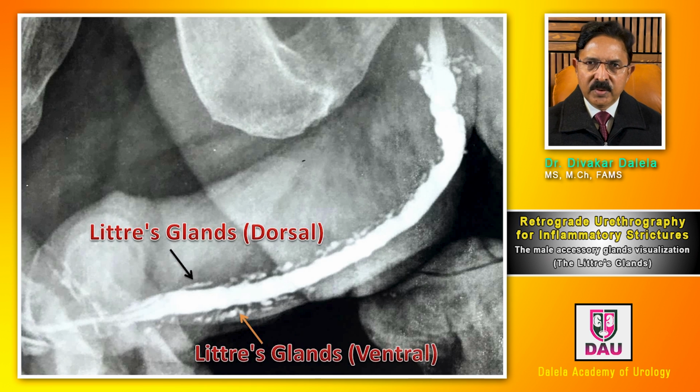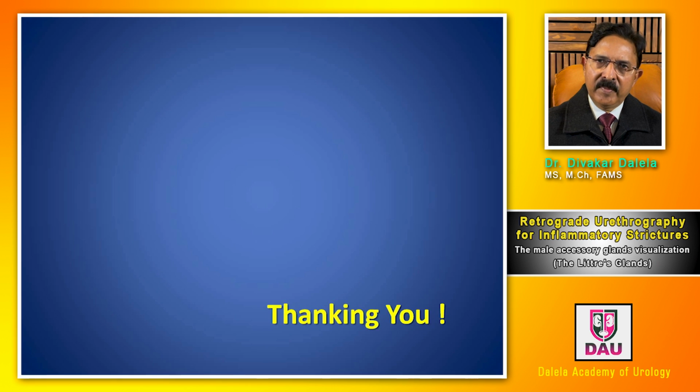And then you will see some glands located ventrally, and they are called ventral Littre's glands. So in some patients you will see only dorsal, in some patients only ventral, or in some patients you may see both. It depends upon what exists in that patient. So I hope I have made my point clear. I explained to you what these structures are and why they are visible in patients of chronic inflammatory urethral stricture.